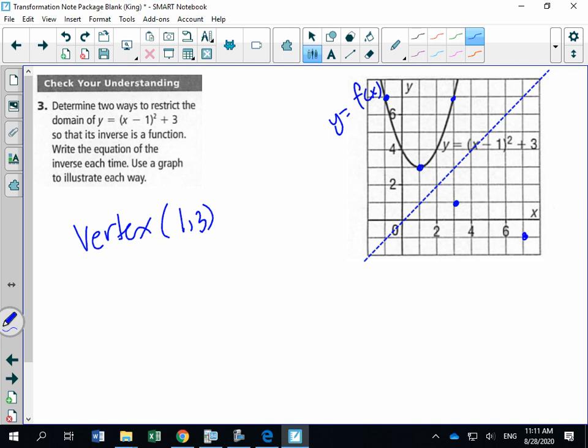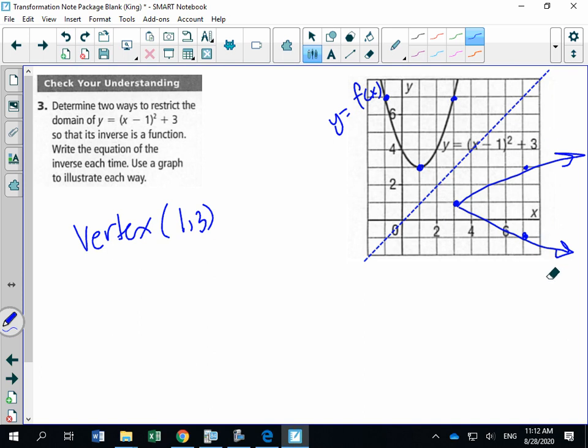And if I take this point here, which is at 3 comma 7, it's going to be 7 comma 3. Okay, so just to quickly show you, there it is. The inverse is not a function. This inverse fails the vertical line test.